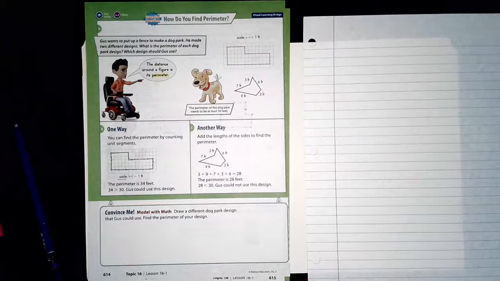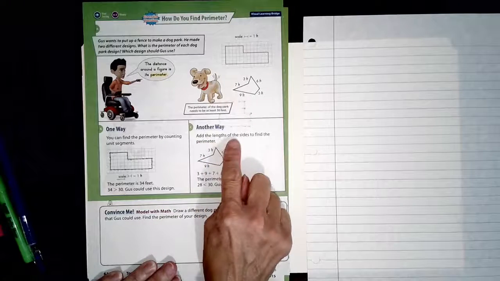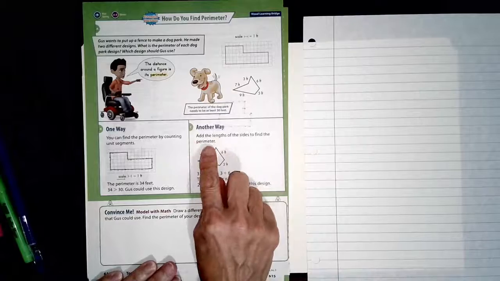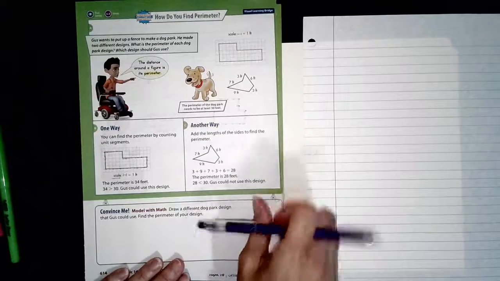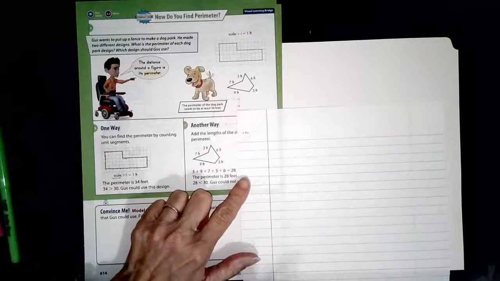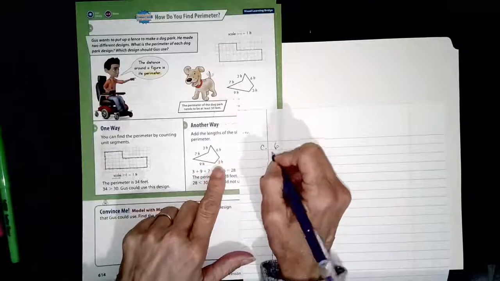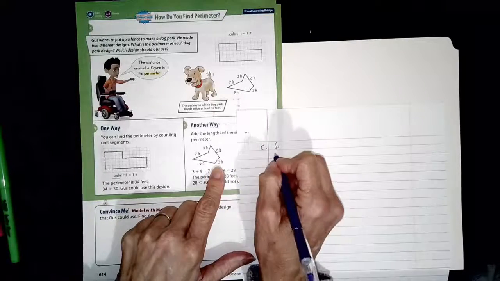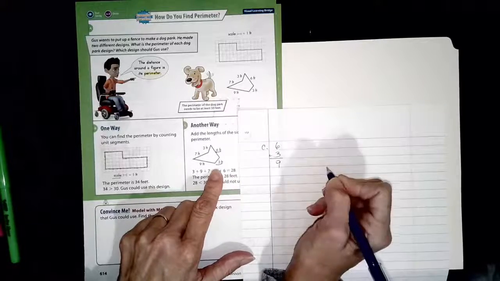Now let's look at another way to find the perimeter of a shape. We can add the lengths of the sides to find the perimeter. So when we're adding the lengths of the sides, I'm going to get another piece of paper right here. We have 6 plus 3. And I know that 6 plus 3 is 9.